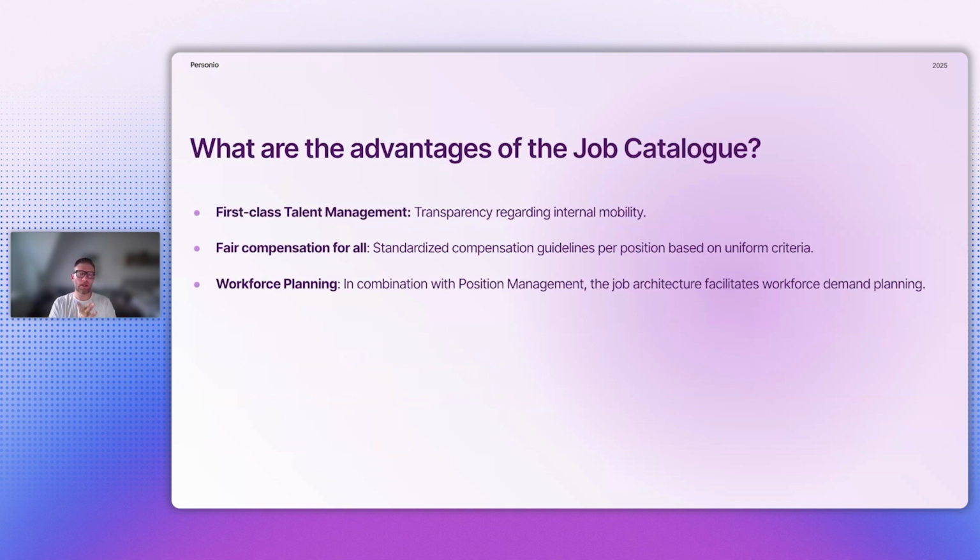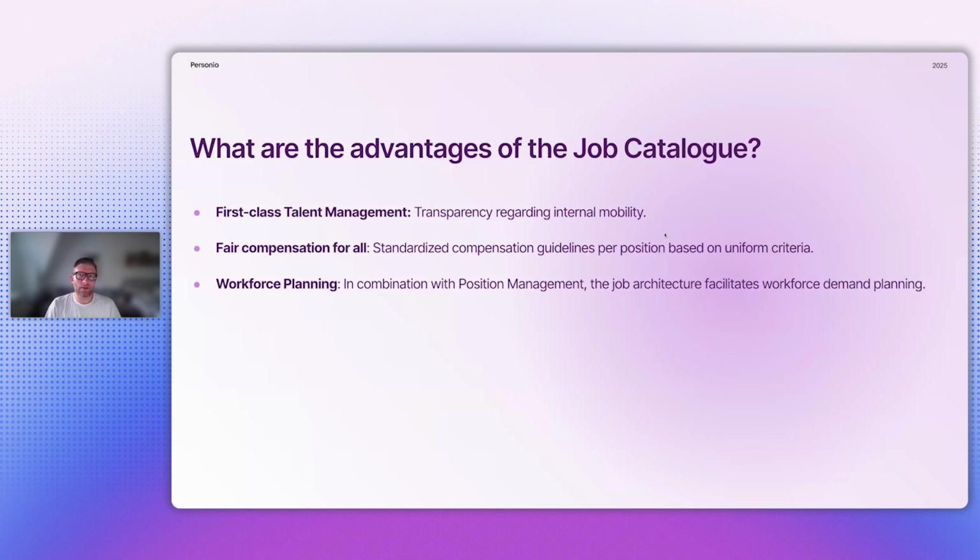For every position, it's absolutely clear and transparent which are the career tracks and what a junior has to do in order to be promoted to a professional, and what a professional HR manager has to do in order to be promoted to a senior role. So you have not only a structured way for you as an HR department or for the leadership team, the management, but also for every single employee, you have this transparency.